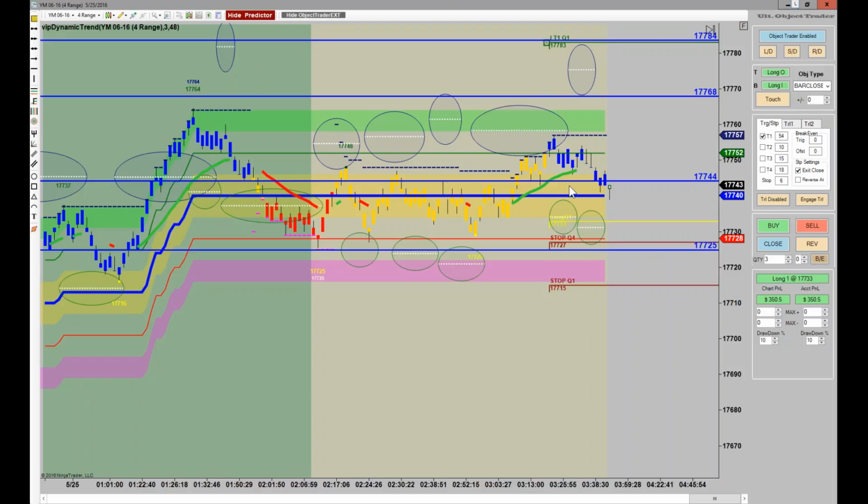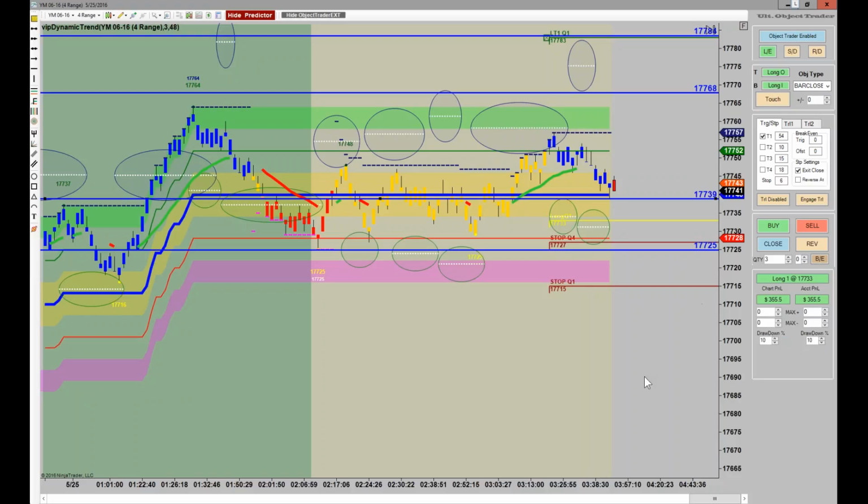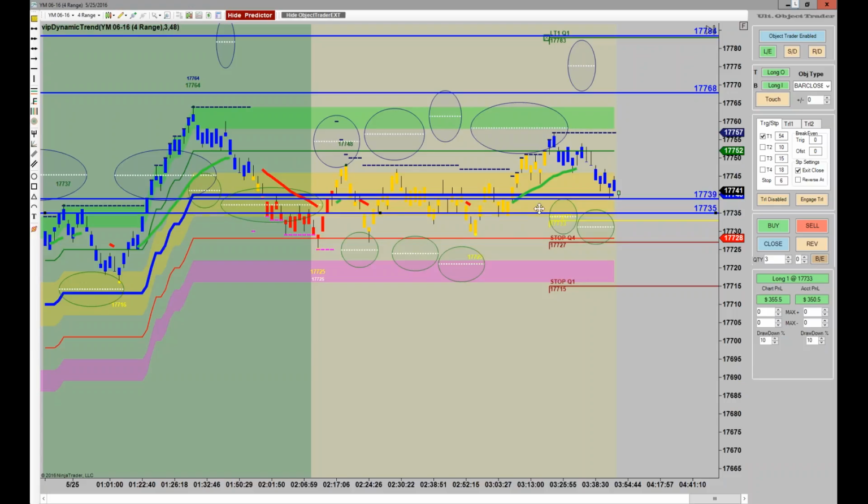That's touching this one. See it? Swing. Okay, so, well, we didn't get it, did we? Try it again. Long bar close. Touching the ellipse. It's not getting to this one yet, though.